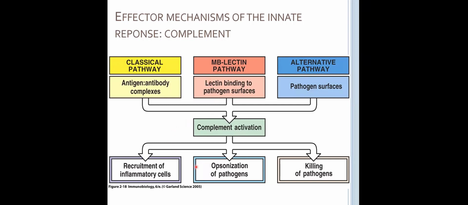The end result is that the complement proteins can directly kill the pathogens, they recruit inflammatory cells, they can almost act like cytokines themselves, and they can kill infected cells. They can cause quite a bit of inflammation and tissue damage if they're improperly regulated, and there are complement-mediated autoimmune diseases where complement has gone off the rails.